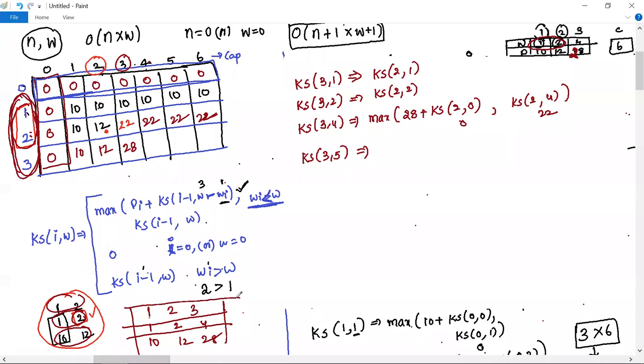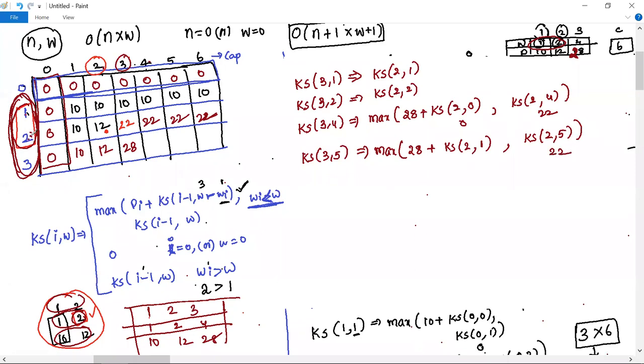Now, what is the meaning? Max of, I can include that object, so I'll get the profit plus case of, remove that object and reduce it to 1, by 5 minus 1 is 4, comma, remove that object but don't reduce the size. What is 2, 5? 2, 5 is 22.